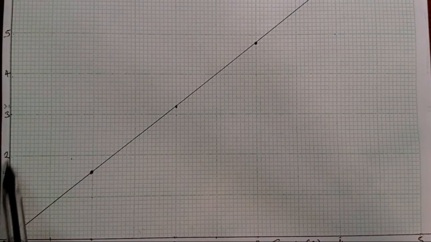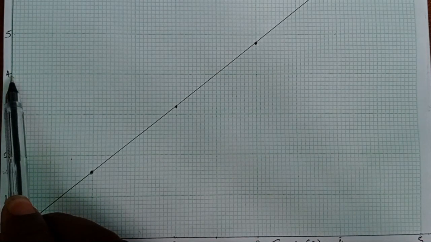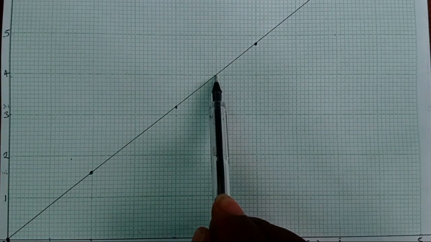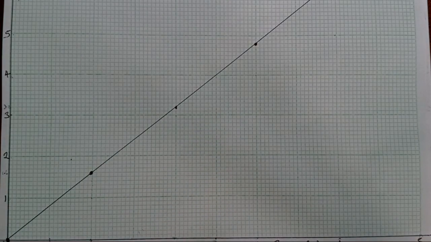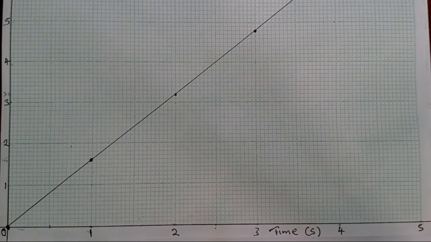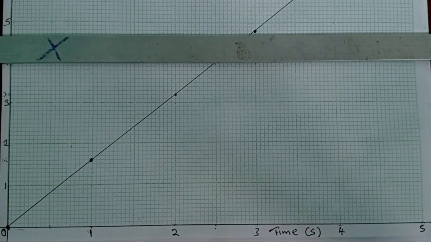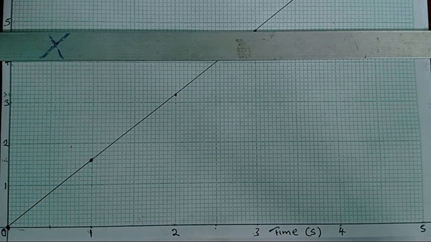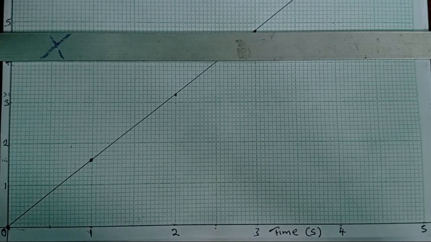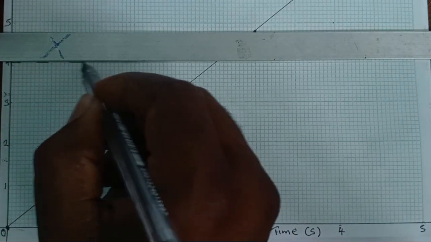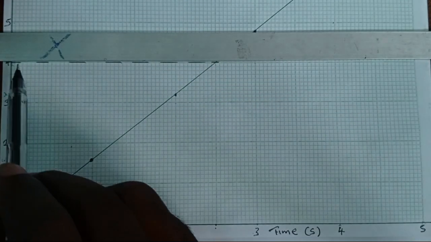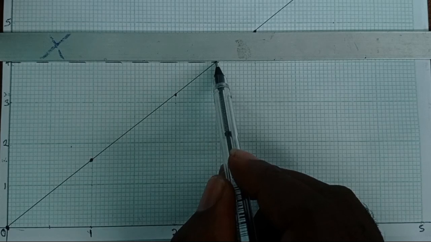I draw a dotted line up to where the graph is, so where velocity is equal to 4 and the graph intersect.